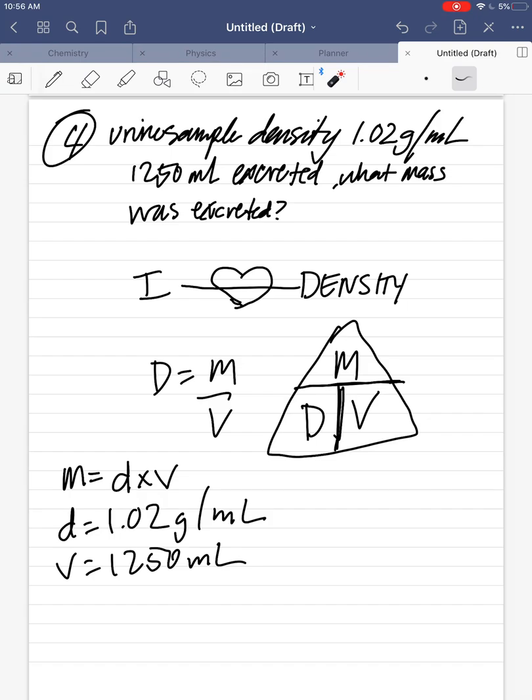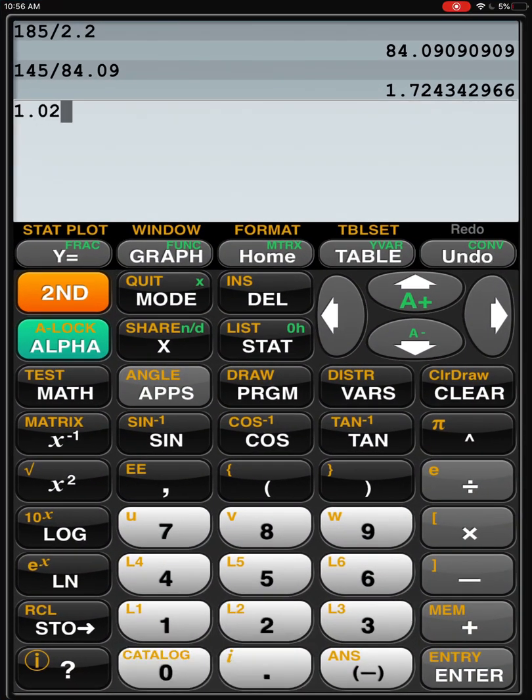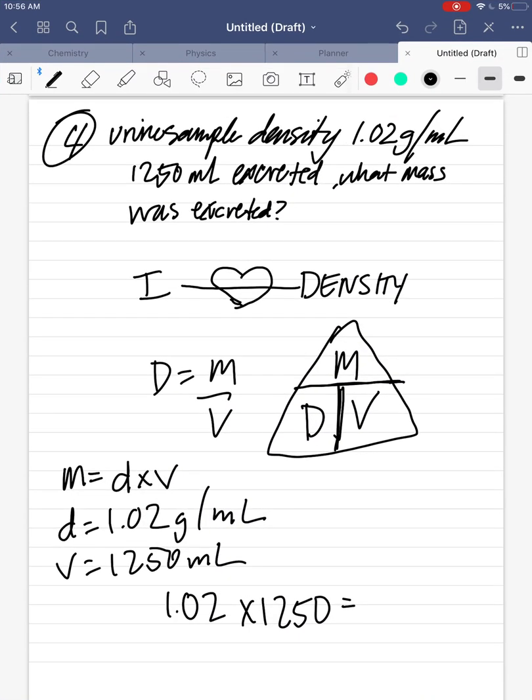This is as simple as hurrying up and getting this done before my iPad dies. 1.02 times 1250 gives us 1275, and that is grams. Let's talk about units for a second.